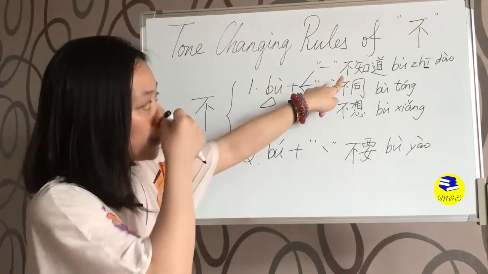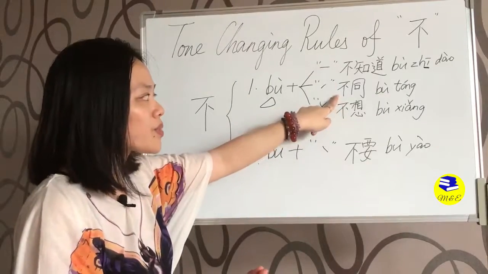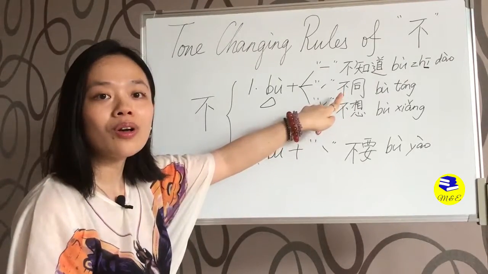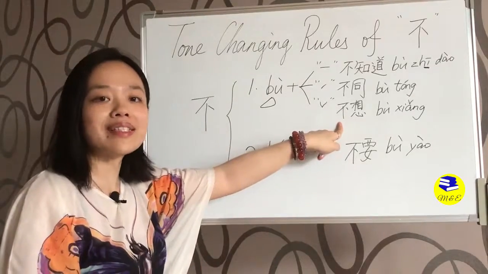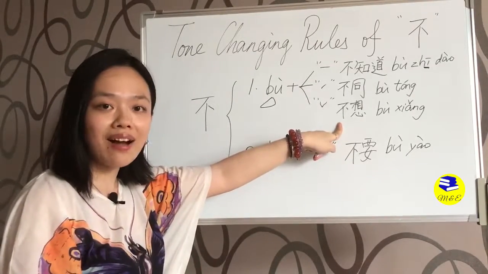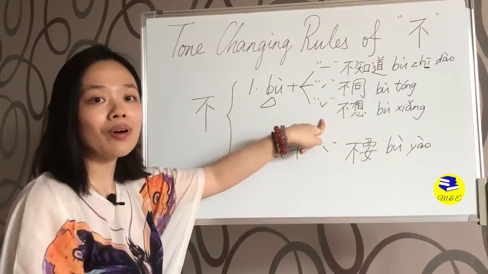Like here, 不知道, this one, 不同, this one, 不想, okay? They all say 不.